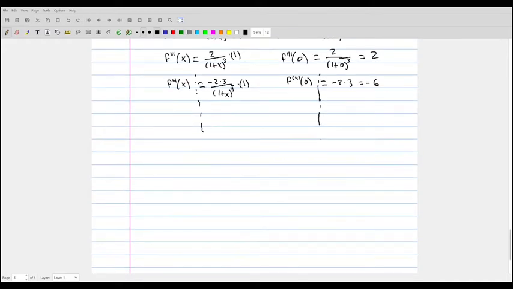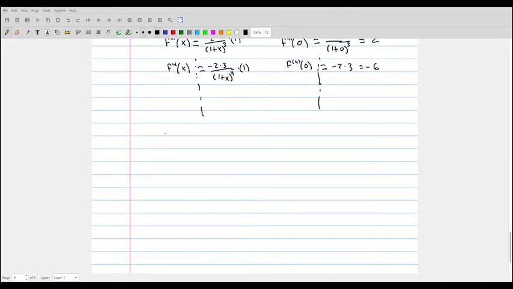So if you continue this process, you should see that the kth derivative in general of f, for some positive fixed value k, is going to be k minus 1 factorial times negative 1 to the k plus 1 over 1 plus x to the k, times 1.